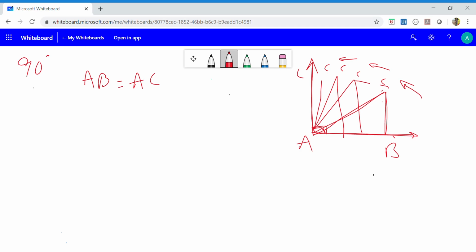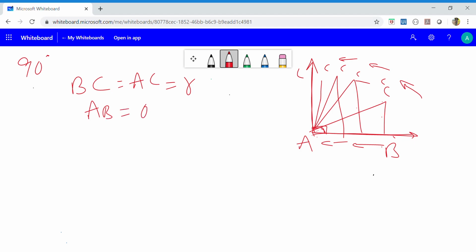BC is moving, moving, and coincides with AC. So BC is equal to AC. Let it be R units. And next, the side AB comes nearer and nearer and coincides with the vertex A. So AB is equal to 0.